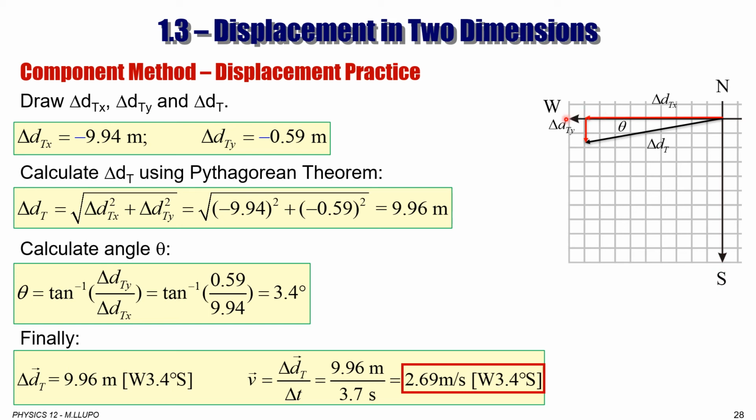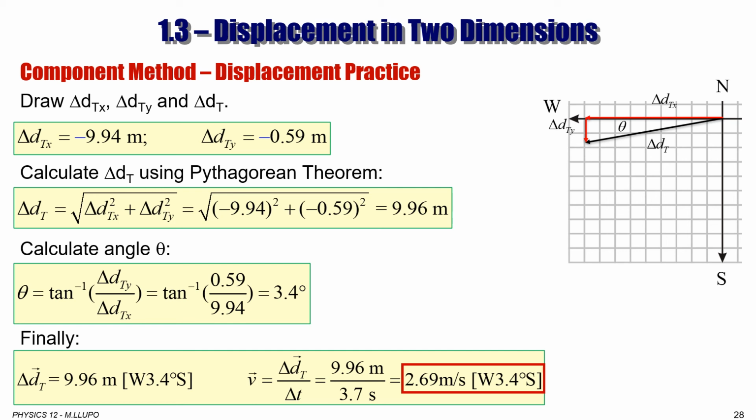So it is west 3.4 degrees towards south. Okay, and then the last step would be a piece of cake. You just divide delta d total by time. It's 9.96 divided by 3.7. Direction is the same, so it's west 3.4 degrees south. So the answer would be 2.69 meters per second, west 3.4 degrees south.